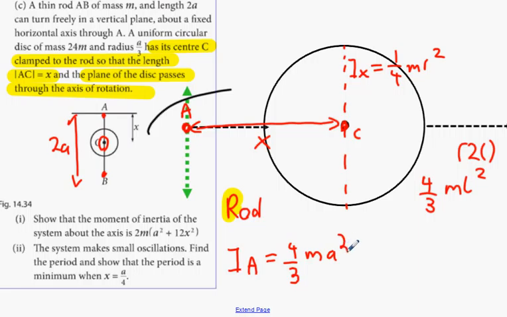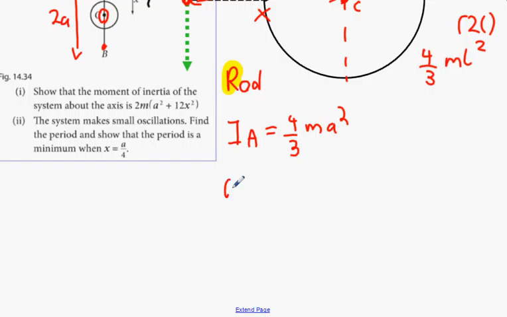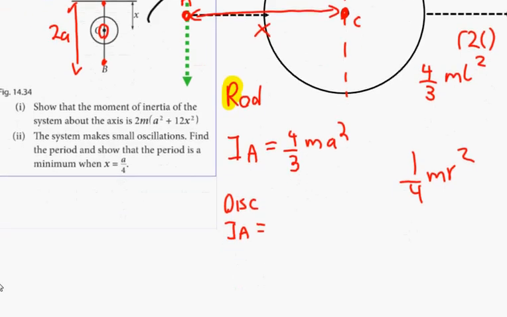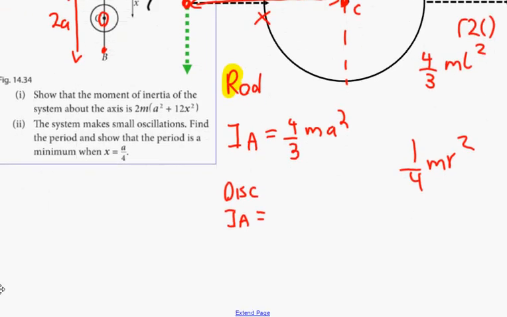Now we got to get the IX value through the center of the circle, or the disc. Okay, so the disc IA, it's usually a quarter mr squared because we're talking about its diameter coming out of the board through its center. Quarter mr squared. Now what's the m value of this disc?